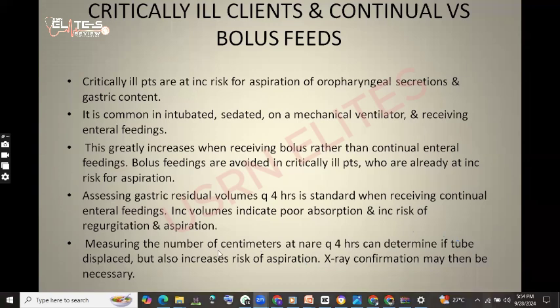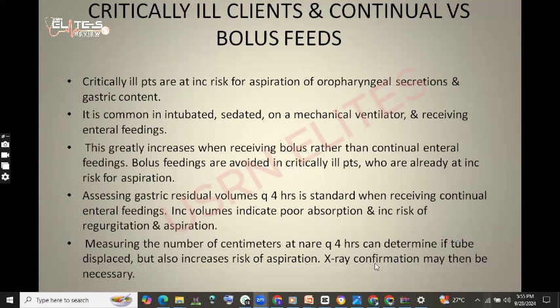Over here, we are saying measuring the number of centimeters at the nose. This one talks about tube placement confirmation. At a point in time, you will have to check for tube placement too, especially when you are doing your gastric residual volume check, together with that. So it's every 4 hours too. But before you even use a newly placed NG tube, you have to confirm with an X-ray.